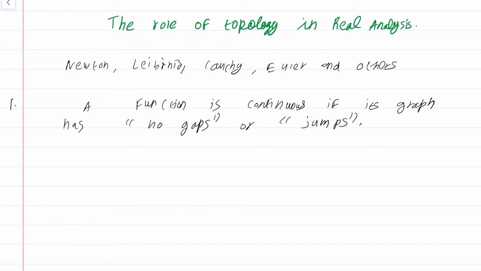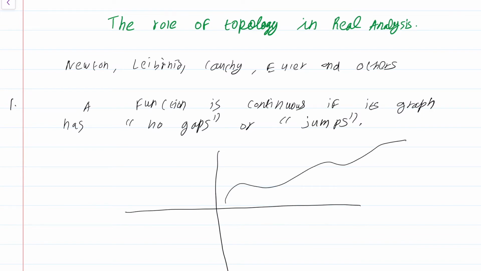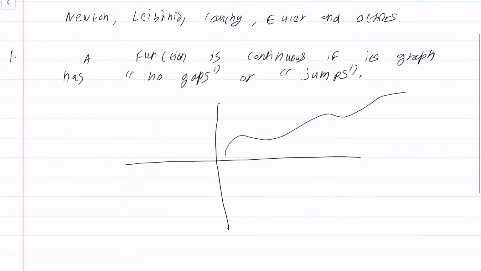This is one idea of what a continuous function could be. Let's see an example of a function that is indeed continuous. I'll just draw something which is nice and continuous. Okay. Now let's draw something which is obviously not continuous.